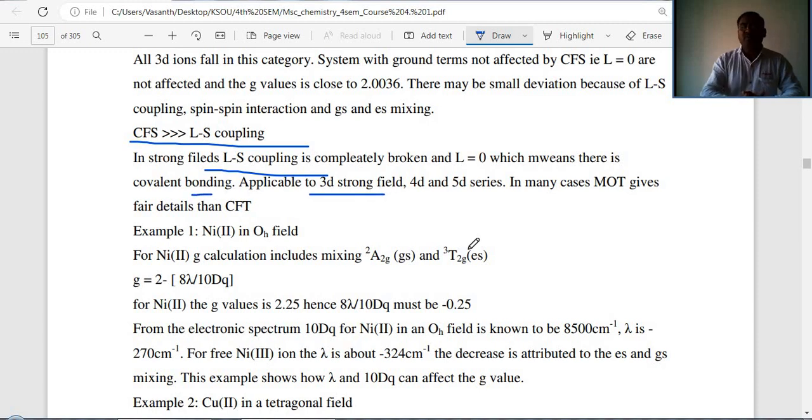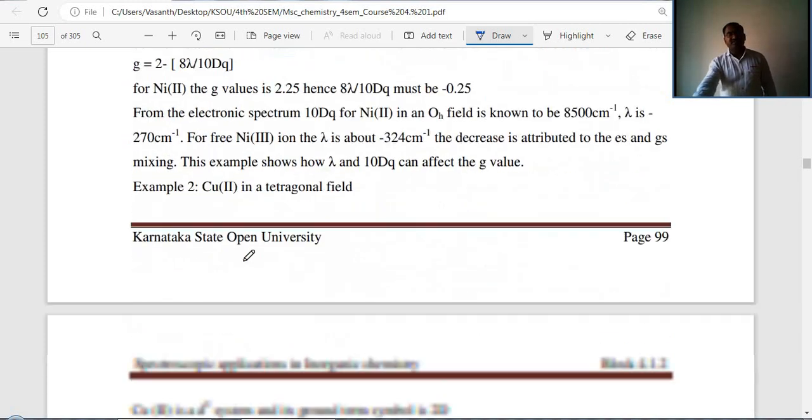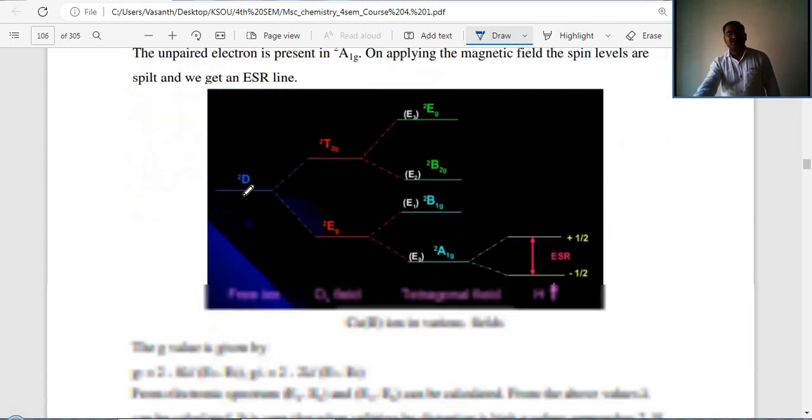This is applicable to 3d strong field, 4d and 5d series. In many cases, MOT gives fairer details than CF. These are some examples regarding that.